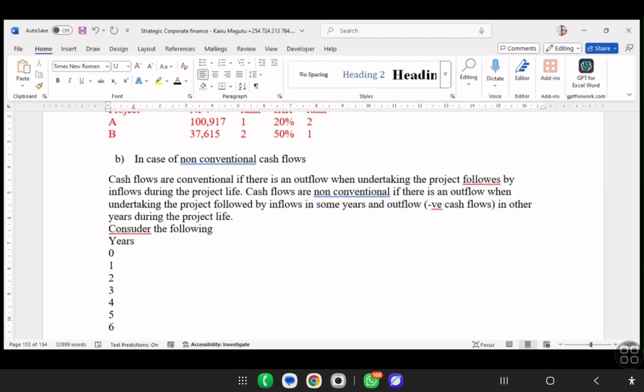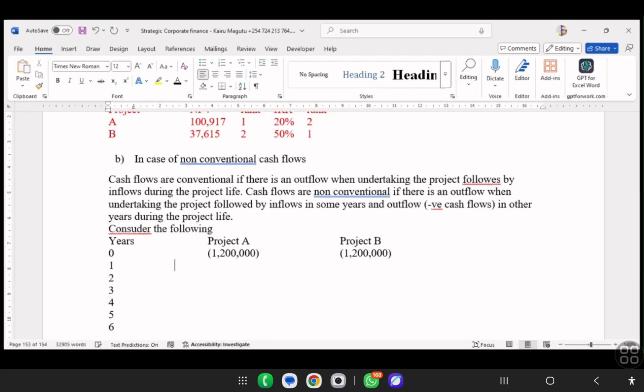Then you have project A. You have project B. Project A, the cash flows, let's say it's 1.2 million. And project B is 1.2 million. Both of them are the same.